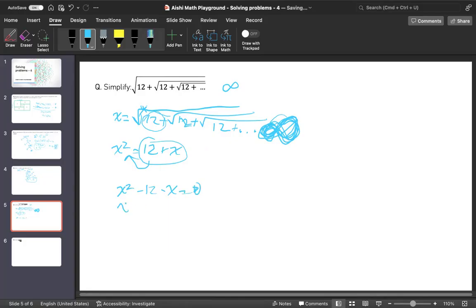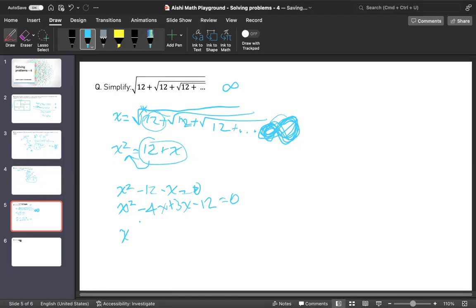So x squared minus 4x plus 3x minus 12 is equal to 0. So now what can we do? Yes, factor.